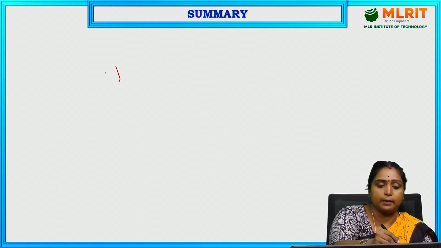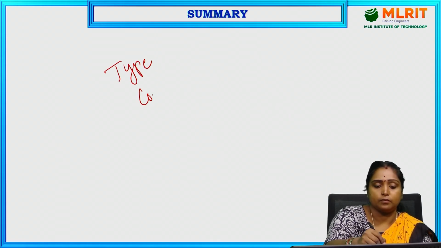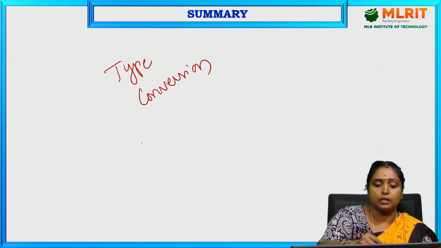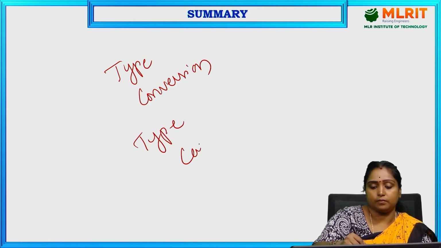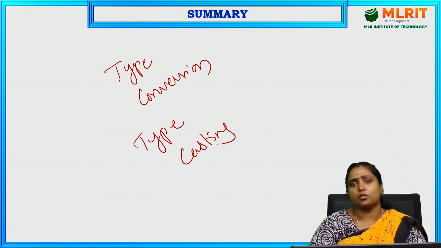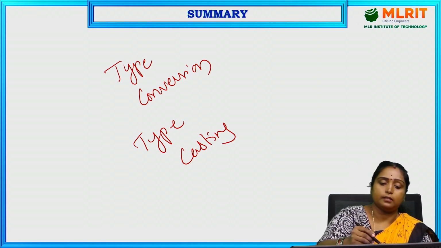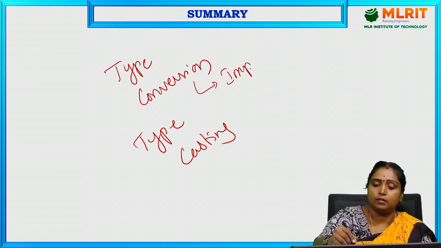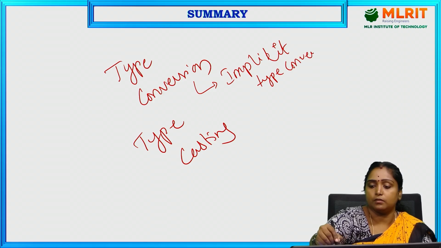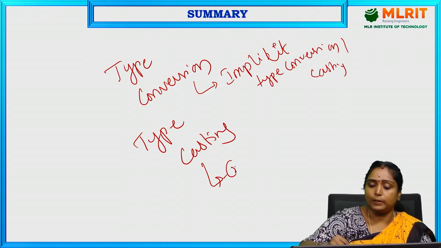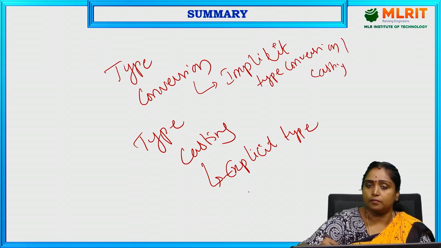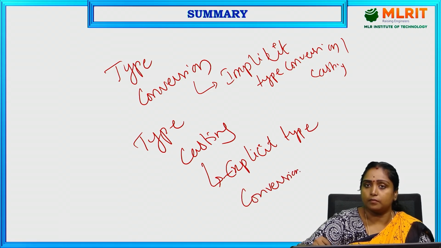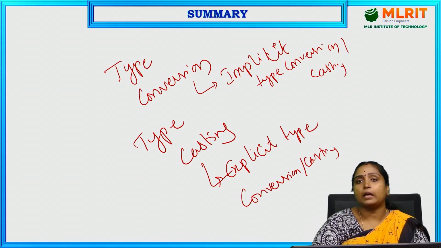Later on we have seen the type conversion concept, the typecasting concept. We can call it either type conversion or typecasting. Here, implicit type conversion, or casting, and this is called explicit type conversion or casting.